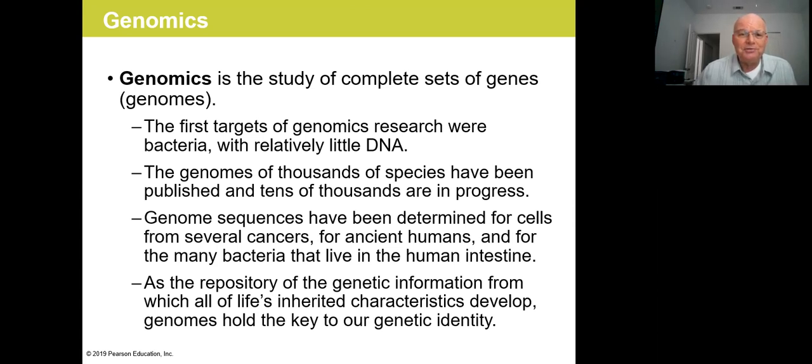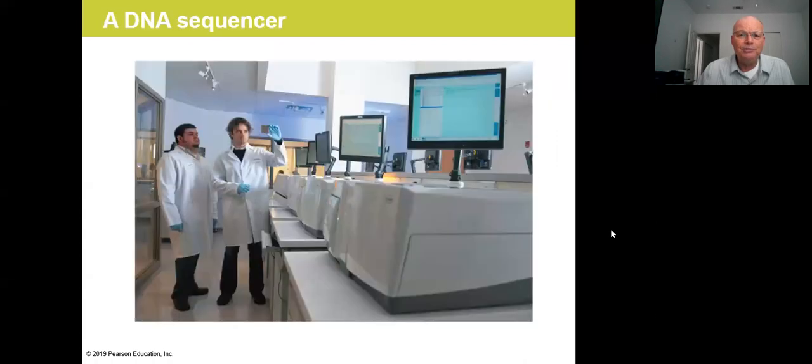And as a consequence of this, a lot of effort was put into coming up with better ways of doing the sequencing. And this led to the first generation of sequencing machines. These machines in this picture are actually third generation machines. They are far faster and far nimbler at sequencing fragments than even the first generation machines were capable of doing.